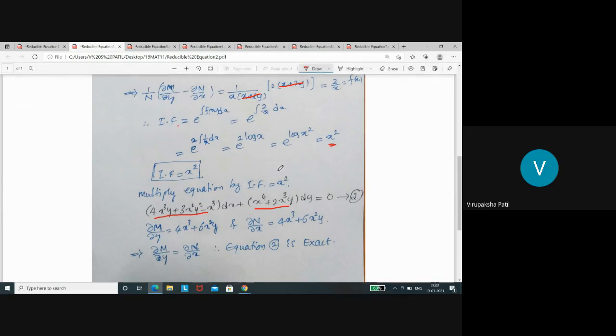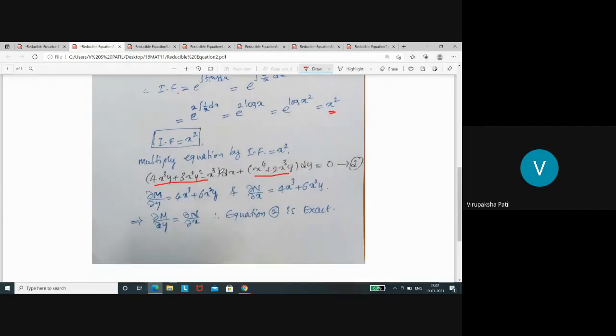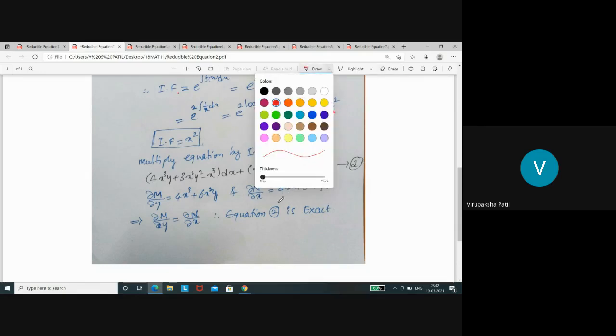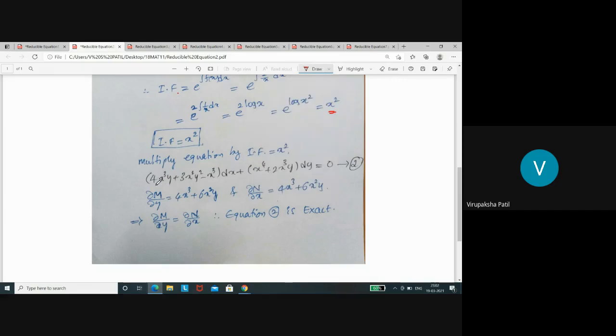For our convenience, we will verify whether the equation, after multiplying with the integrating factor, is exact or not. This is your new M. Directly we will differentiate this with respect to y. So dou M by dou y: differentiating the first term with respect to y, 4x cube is held constant, differentiation of y is 1, so you will not write it.